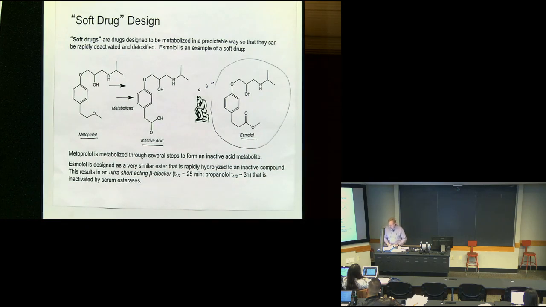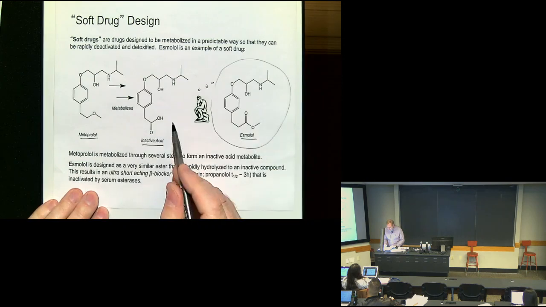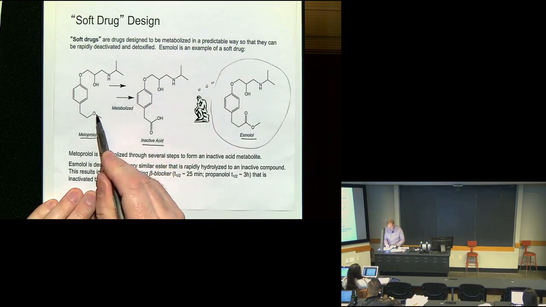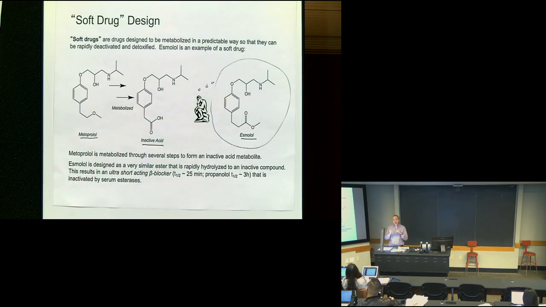And this is kind of interesting because she looked at this and said, okay, the acid is inactive. This neutral form is active. So what if I put something that can get broken easily, but broken in a very predictable way to get rapidly metabolized into something that is inactive?